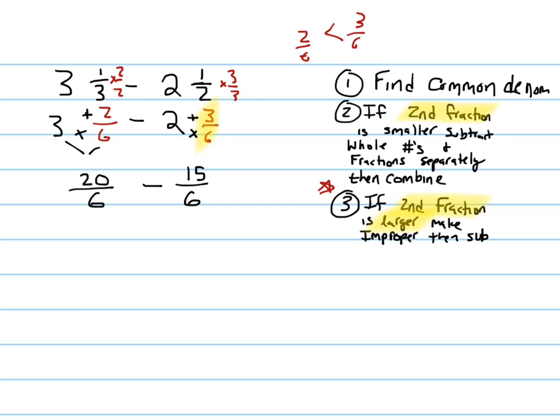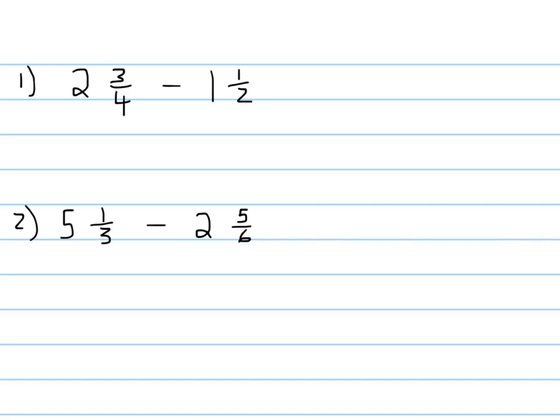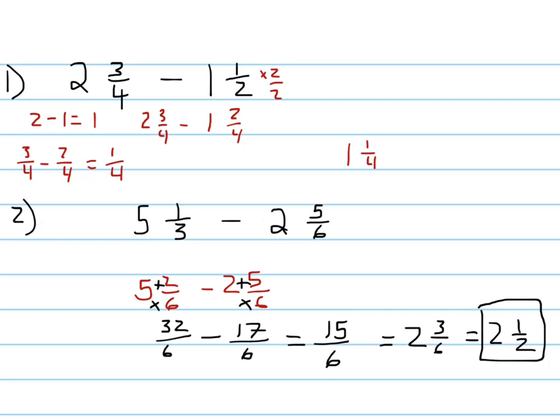And what are we going to get? We're going to get 5/6 as our answer. Alright? So I'd like you guys to try these two problems, and I'll pause it here. And here is the work, or how you can do it.